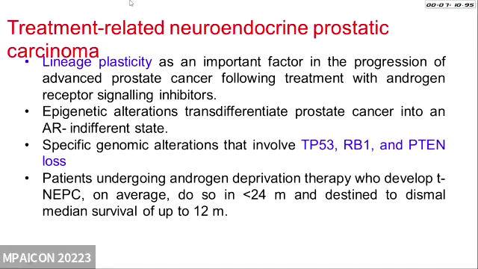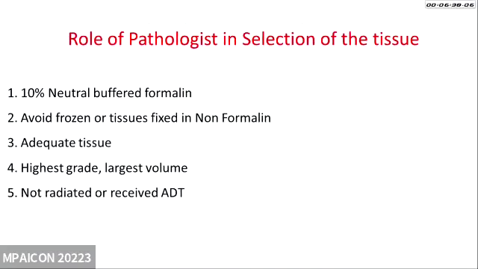Coming to another feature in prostate cancer, which is lineage plasticity, here the prostate cancer develops neuroendocrine features, and that happens because of P53, RB1, and PTEN loss. When you have this particular feature, it's a very sad story for the patient, because the patient is destined to dismal median survival of up to 12 months.